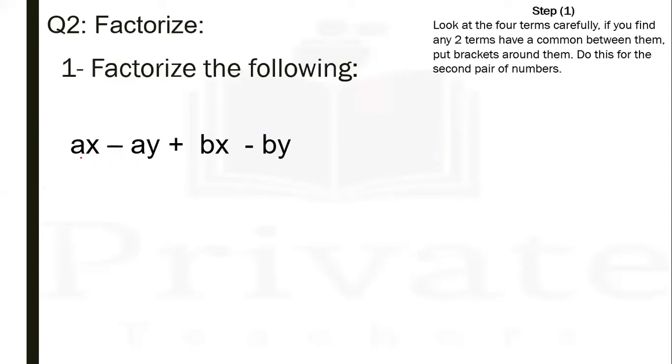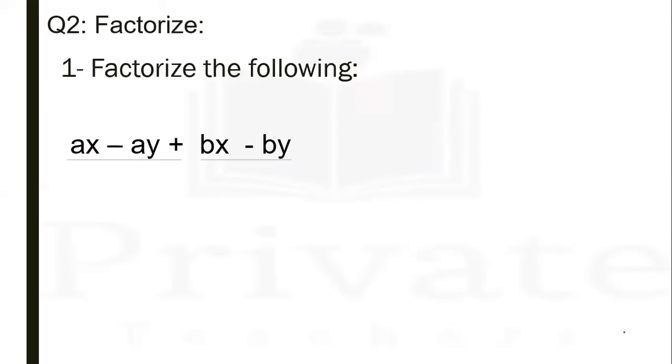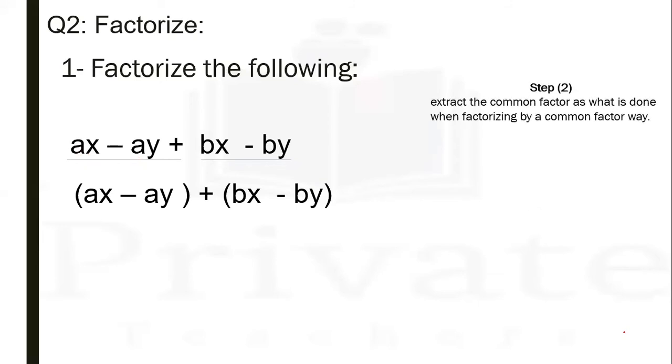Yes, here we have a, and here we have also a. So a is a common factor, which means we are going to take the first two terms in a bracket. We put the brackets this way: (ax minus ay) plus (bx minus by).